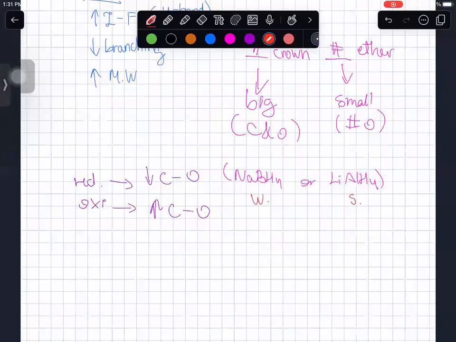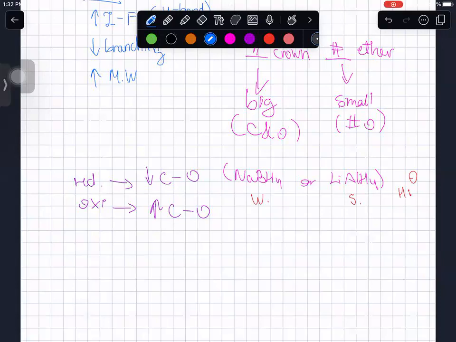What was the nucleophilic species for reductions? It's the hydride, so that means hydrogen with a lone pair and a negative charge. That's the nucleophilic species, the one that does the attack.